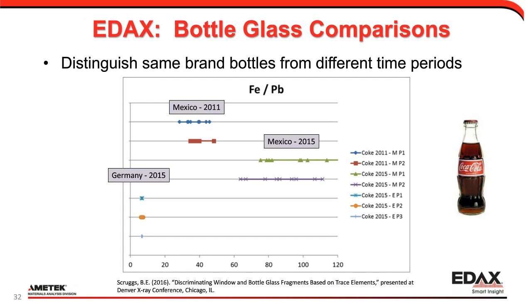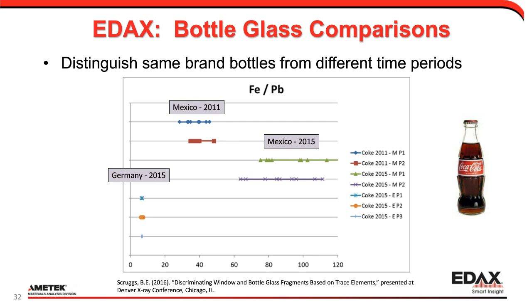I wanted to show you a plot of how one of these ratio comparisons is made. So I took some of the data from one of these presentations that I'd given. And what I was doing here was analyzing the same brand of soda bottle from different time periods and from different continents. So I had 3 different bottles, one that was bottled in Mexico in 2011.